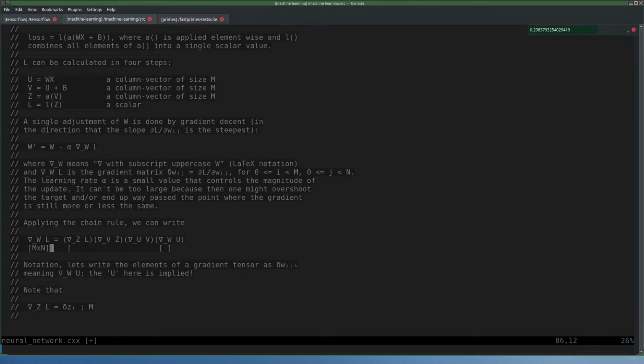Maybe you can think about it just by looking at what it is. This is a scalar and this is a gradient relative to z. And z is simply a column vector. Well, that means that the gradient must be a column vector as well. Not sure. Totally not sure. But, well, we can try. So a column vector would mean that we have rows and we have only one column.